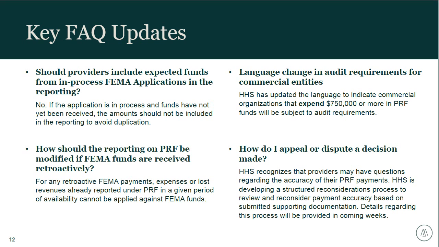That had been one of the questions open with HHS really since the beginning, when they first announced there would be an audit requirement for these funds. So just wanted to highlight that now they are saying also for commercial entities that the same criteria applies, that it is expenditures of $750,000 or more in PRF funds that will be subject to the audit requirements.